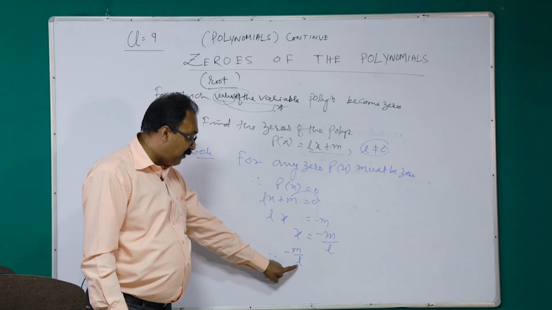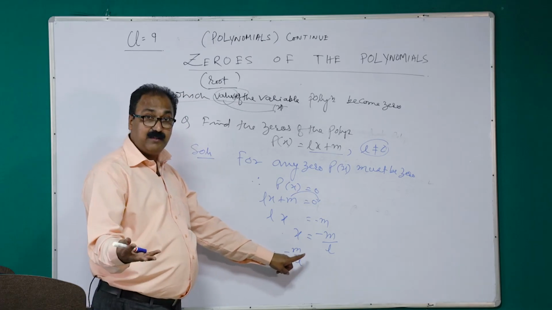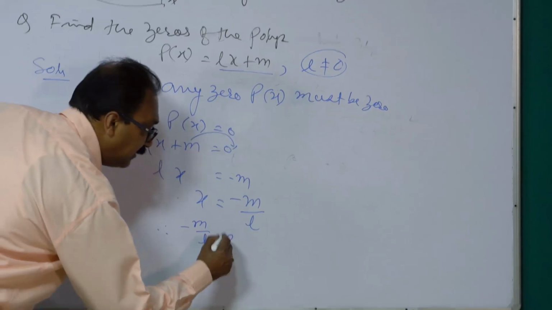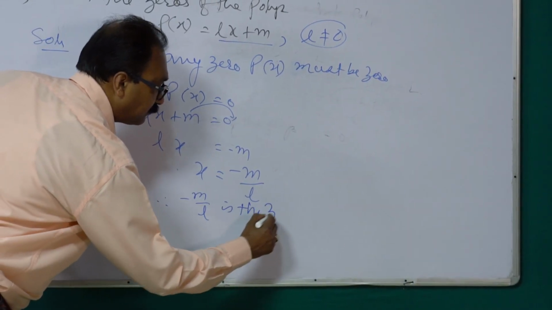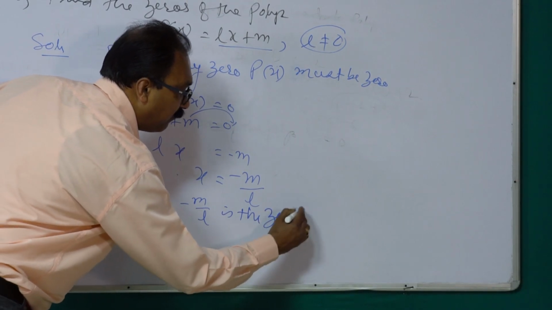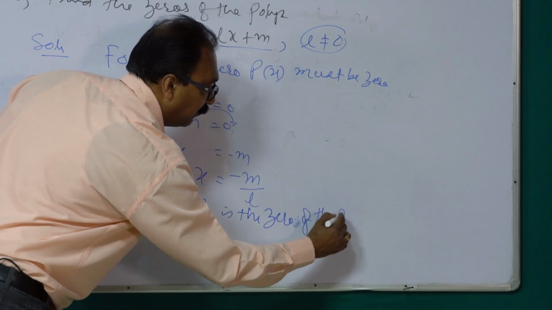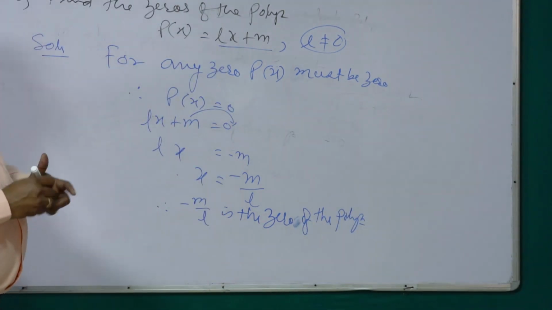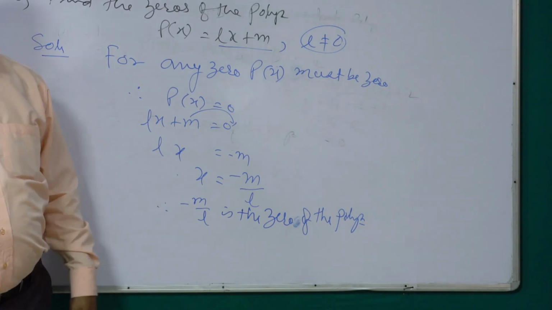That's why l is the denominator. See, if the denominator is 0, things are undefined, no? So that's why minus m by l is the zero of the polynomial. Clear?